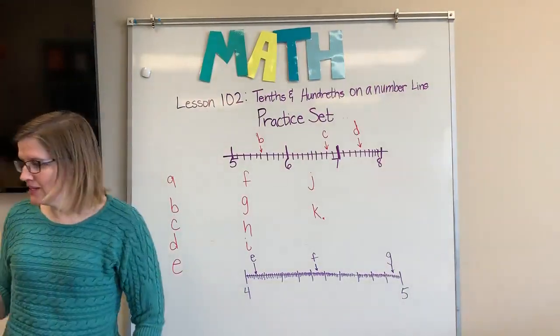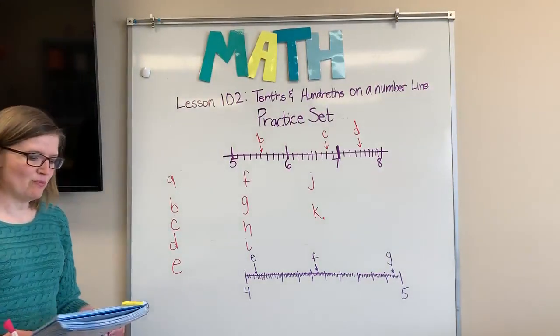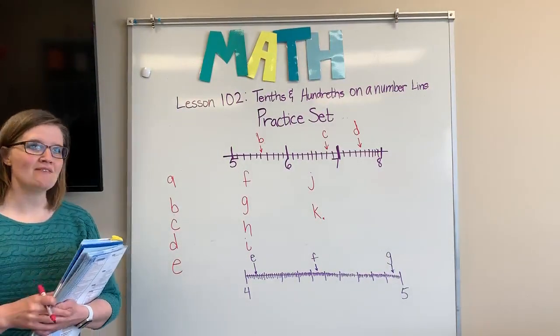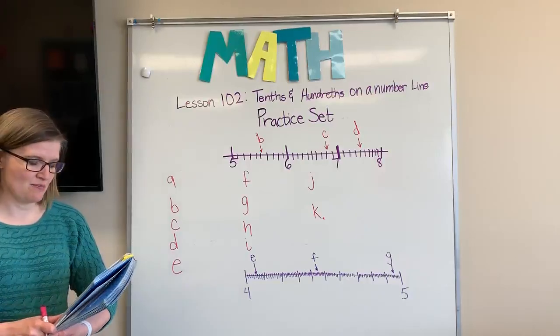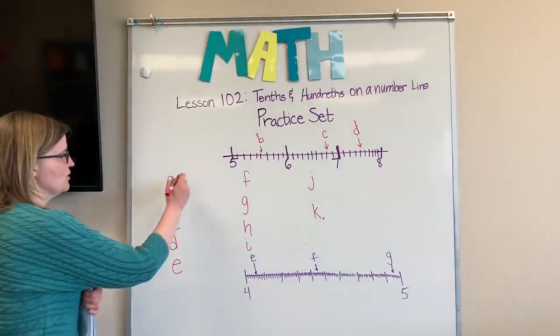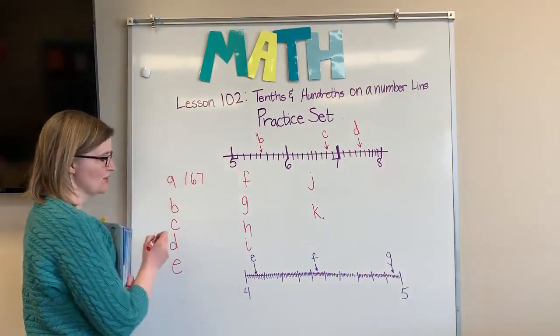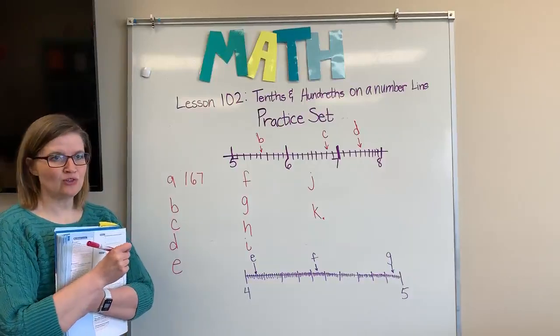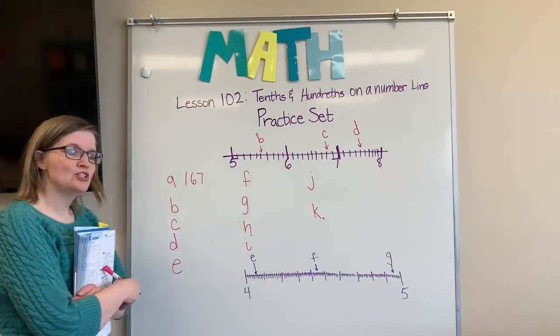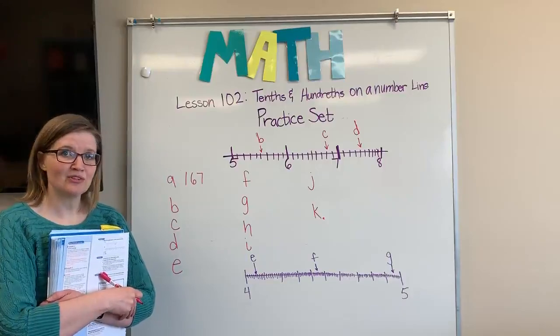Our first one is letter A. It says Mackenzie jumped over a bar that was 167 centimeters high. How many meters high was the bar? So we have 167 centimeters. How many meters? We know that each meter is 100 centimeters.